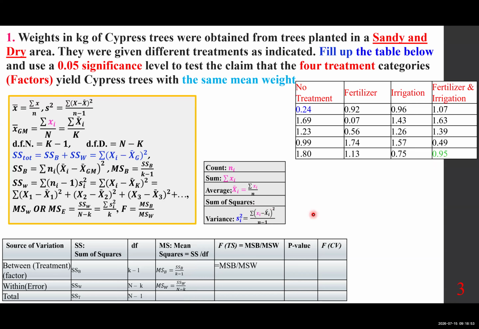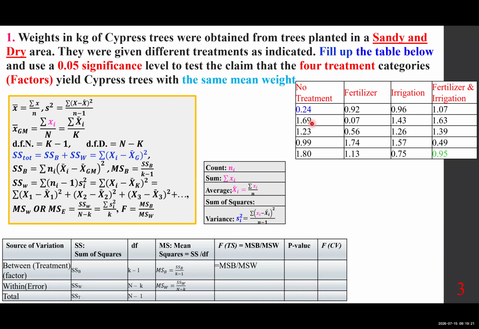So now x bar. X bar is summation of x over n. S squared is summation of (x minus x bar) quantity squared over n minus 1. I'm just reminding you of everything that we are supposed to know. Now we have the average GM, the grand mean, the entire mean: summation of x sub i over n, or summation of x sub i over k.